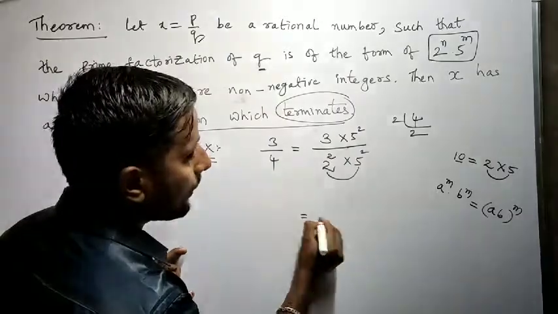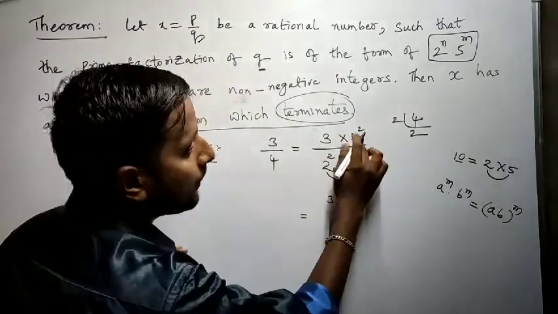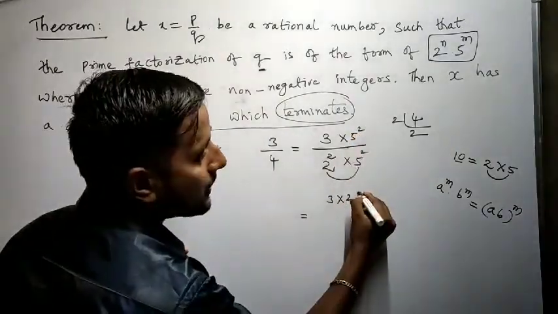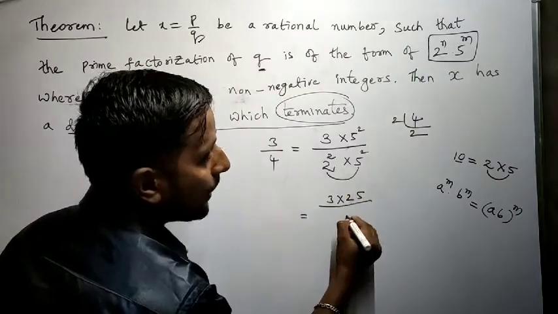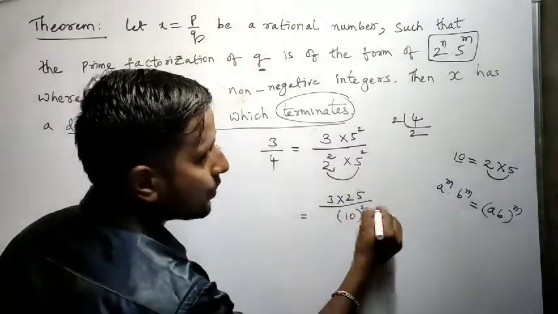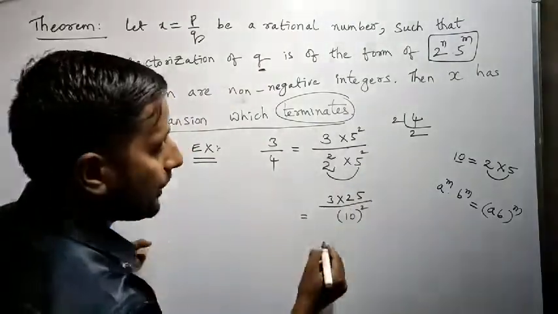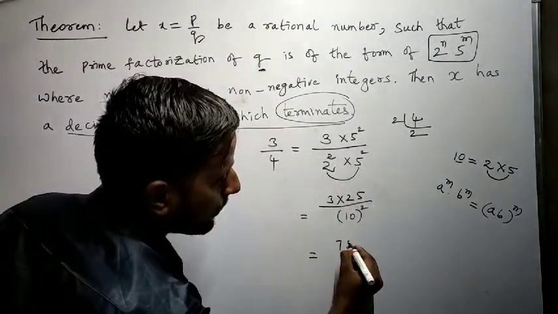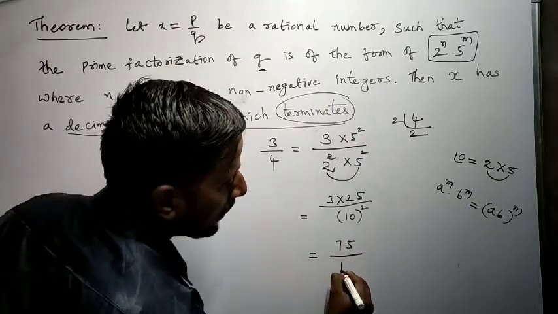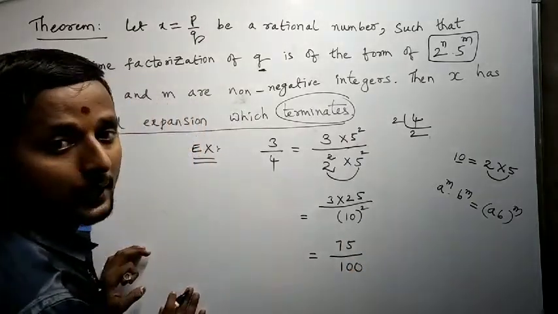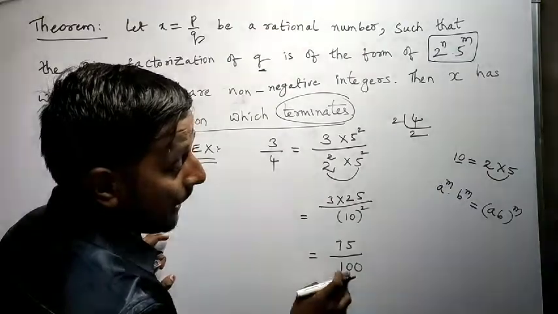Okay. Now what will happen? 3 into 5 square is nothing but 25, by overall we can write 10 square, since 2 5s are 10 whole square. So 25 3s are 75, and 10 square is nothing but 100. In the denominator we have 2 zeros.